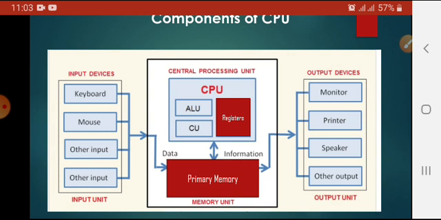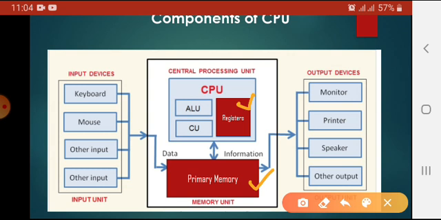CPU is the central processing unit, which has three basic parts: ALU, CU, and memory unit, which is also known as the registers. Here you can see that the portion indicated with the red blocks represents the memory.